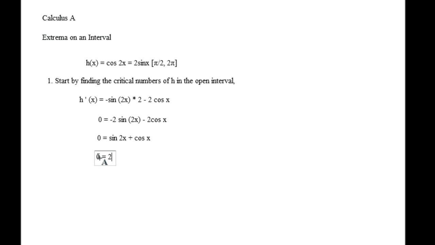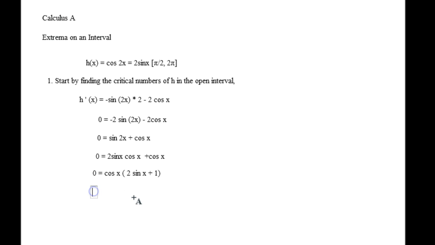So that would be 2 sine of x cosine of x plus cosine of x. Now if I factor out a cosine of x, I get 0 equals cosine of x times the quantity 2 sine of x plus 1.